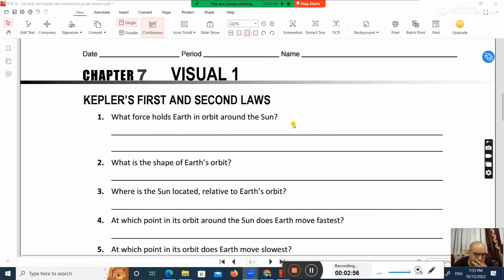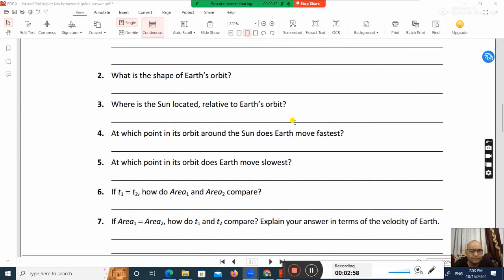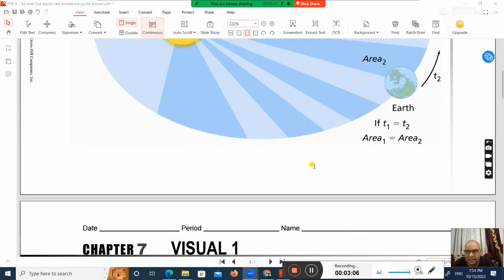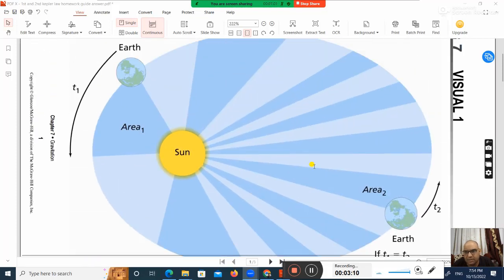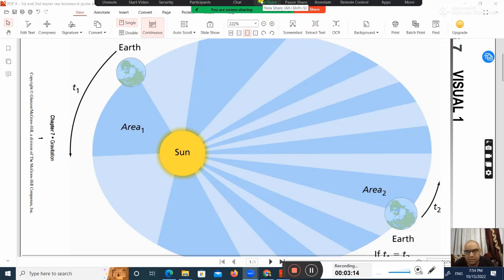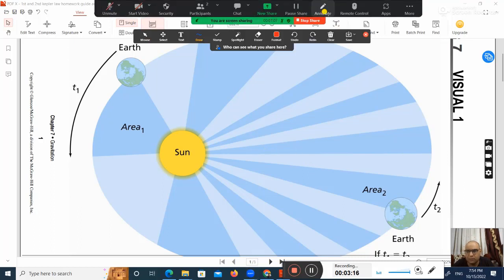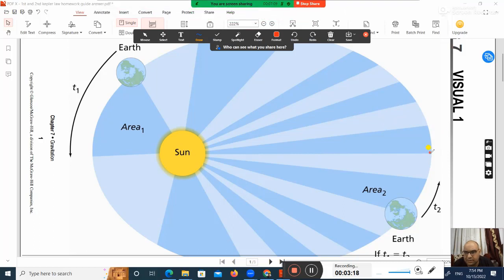And the next question. At which point in its orbit does Earth move slowest? The farthest point is here. So we can consider this point. At this point, the speed here or here.